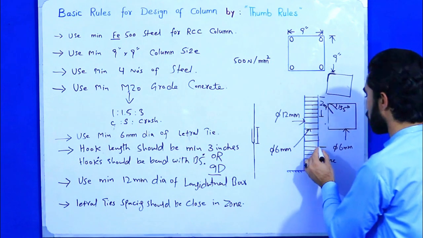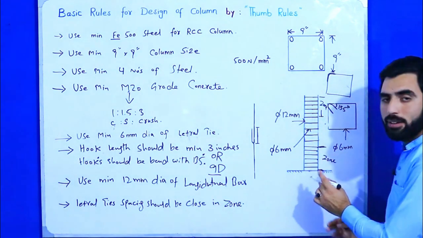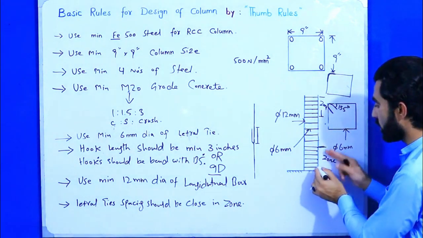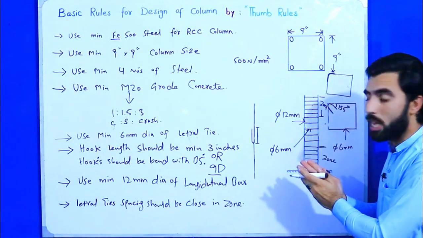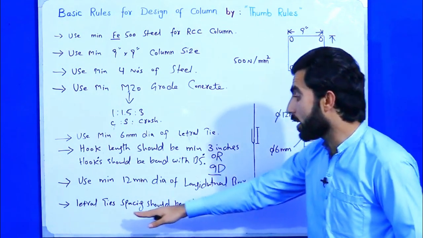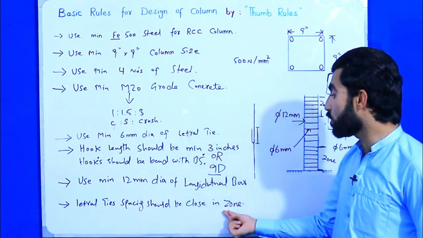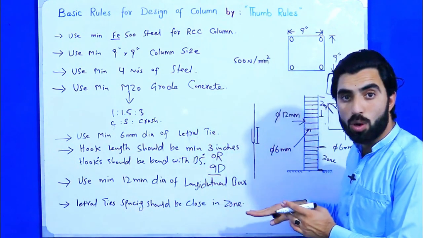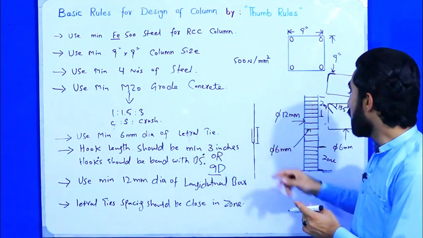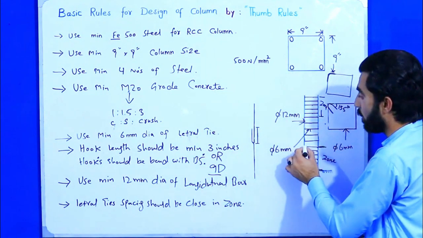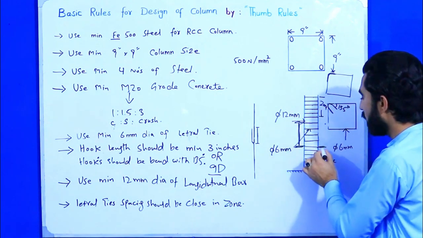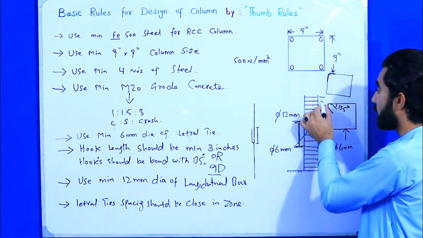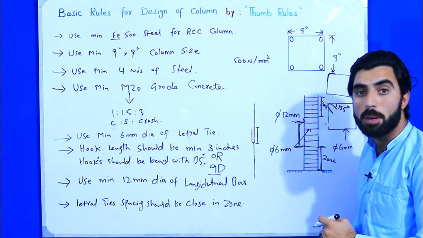You can see in this zone, near its support. This is one support, which is foundation, and this is the other support near the slab. So the lateral tie spacing should be close in zone, in the lower portion and also in the top portion, but at the mid it should be maximum. At the base point and also at the top point it should be minimum.